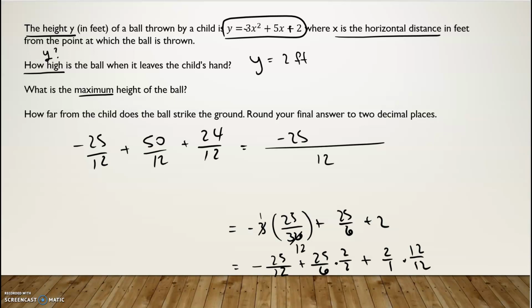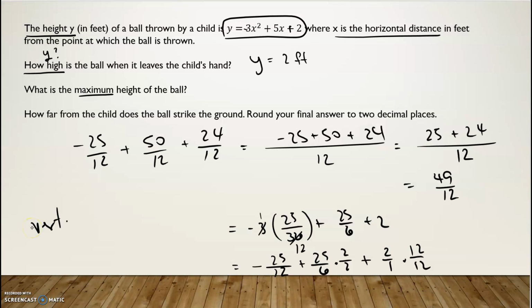So -25 plus 50 plus 24. Okay, 50 minus 25 is 25. So I've got 25 plus 24 over 12. So that would be 49 over 12.